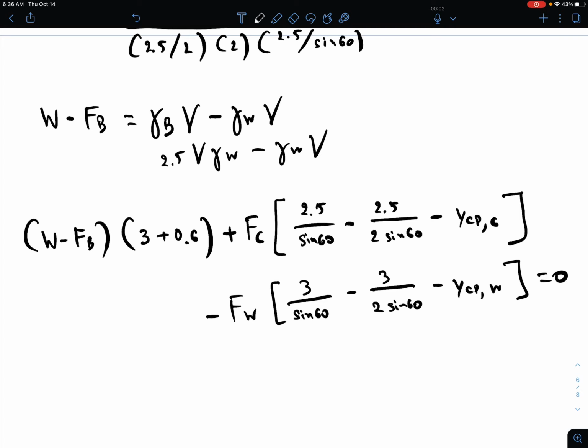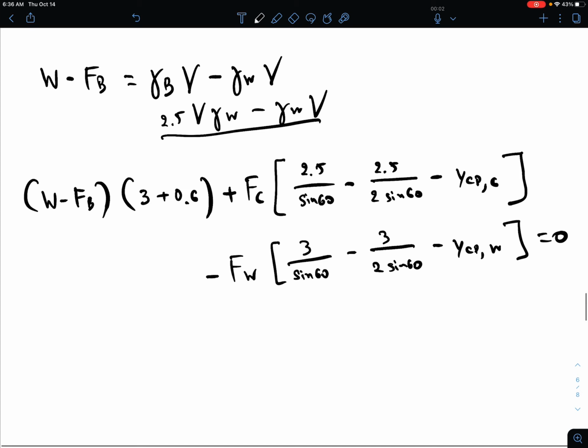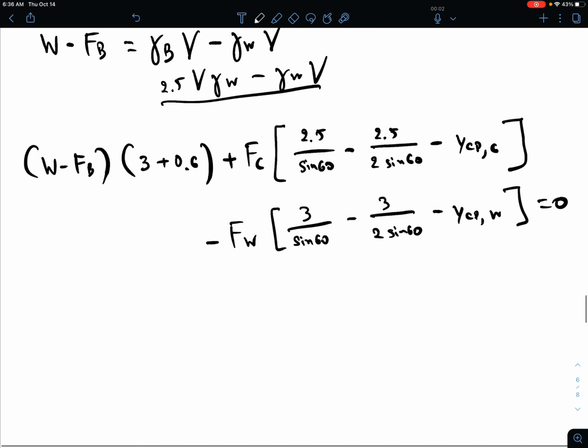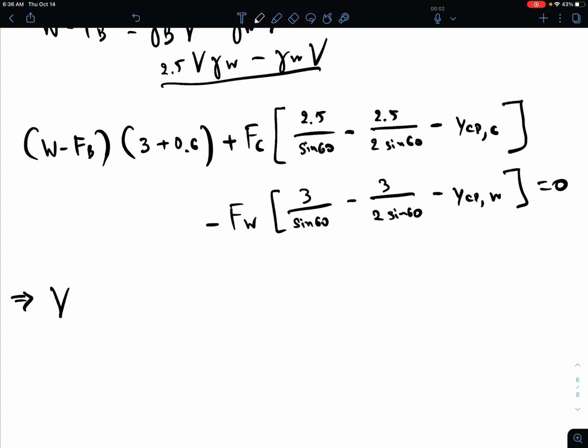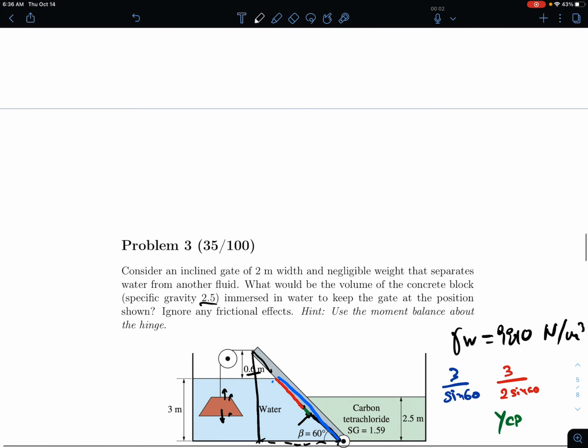Now if we replace what we know, the yCp's, and also the equation we got for the weight minus the buoyant force, we end up with the volume that we're looking for times 2.5.